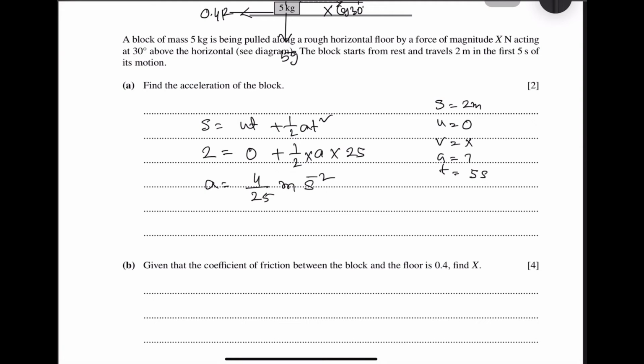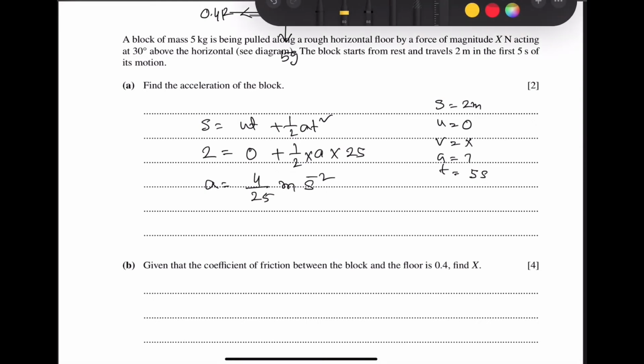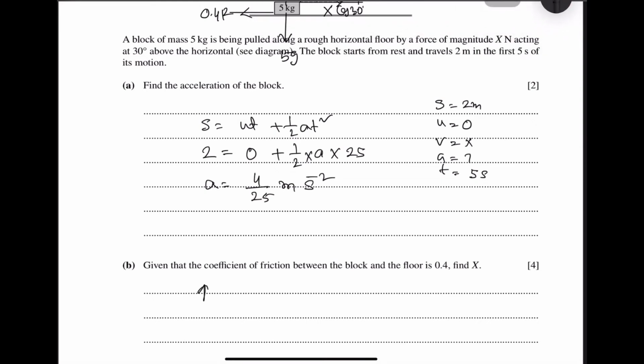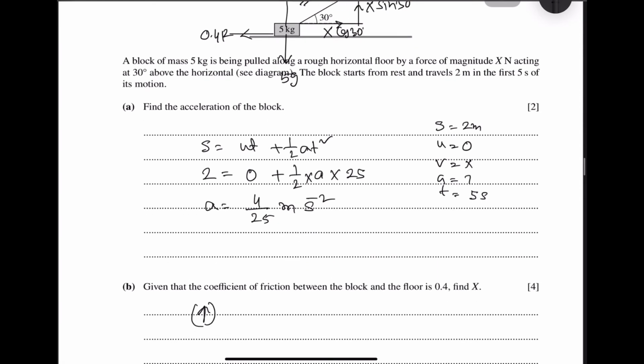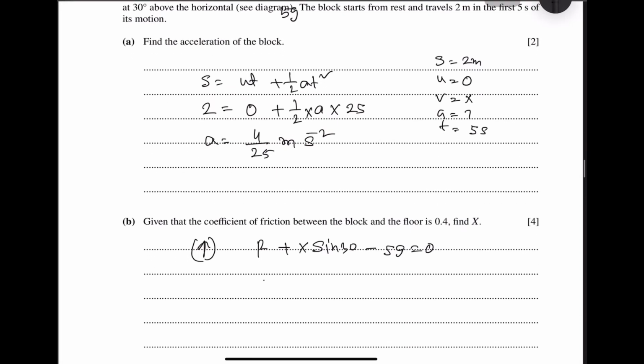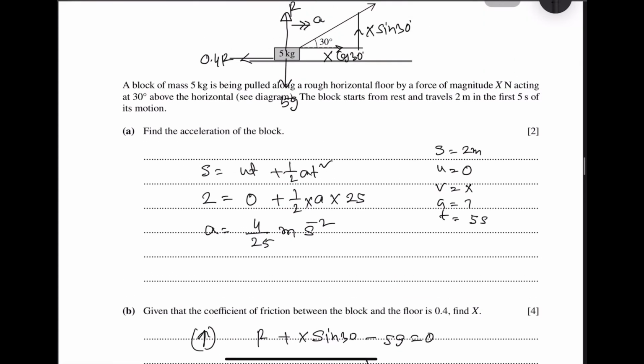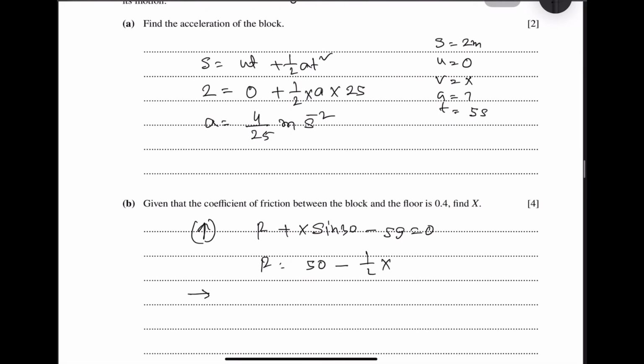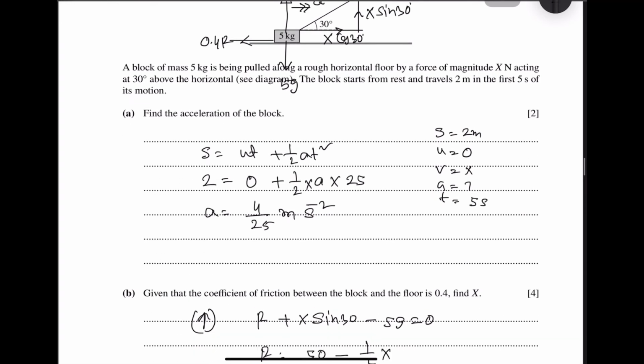Resolving in the upward direction: R plus x sin 30 minus 5g equals 0. So R equals 50 minus half x.